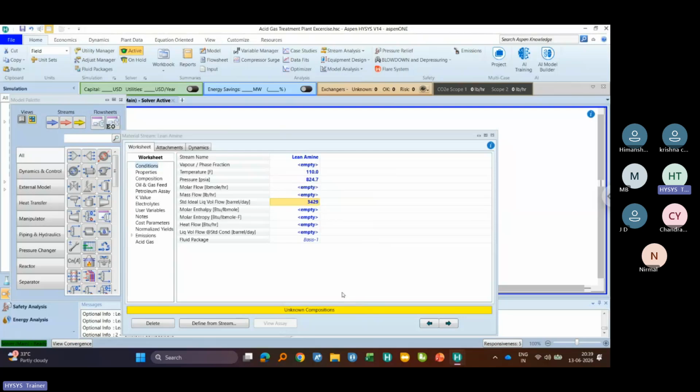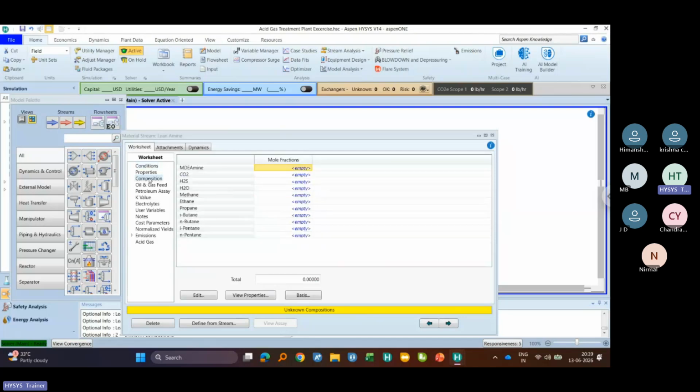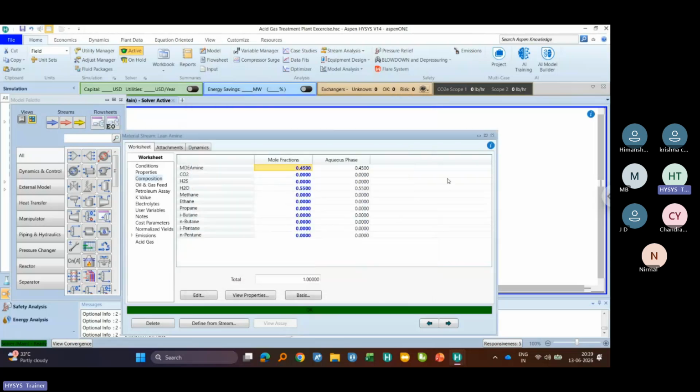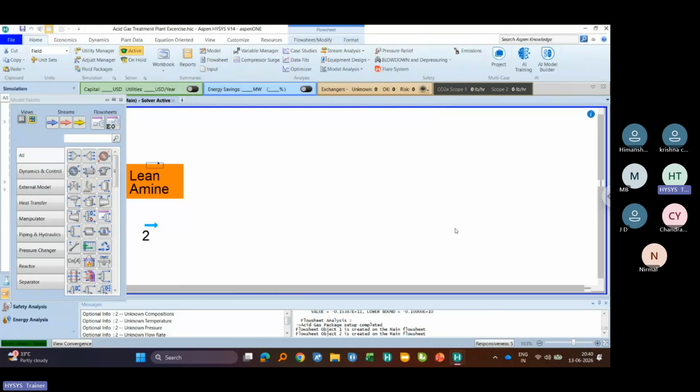We are given the composition of this lean amine stream as MDEA, because this lean amine stream will contain only amine and water. So amine is 45%, that is 0.45, and the water is the remaining 55%. Click on OK, and this lean amine stream will now be simulated.